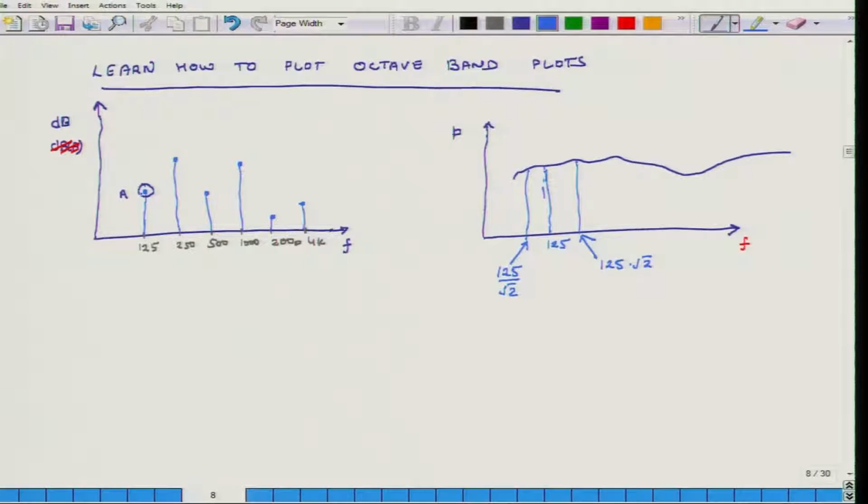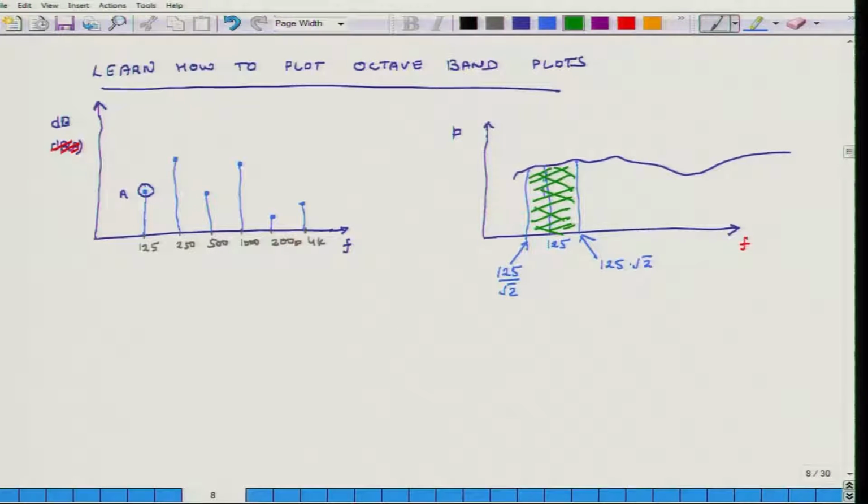So, what this point A means is that all the energy associated with frequencies in this band, we somehow add them up and convert it into decibel units, and once I get decibels from all these frequencies, I put it at this single point.